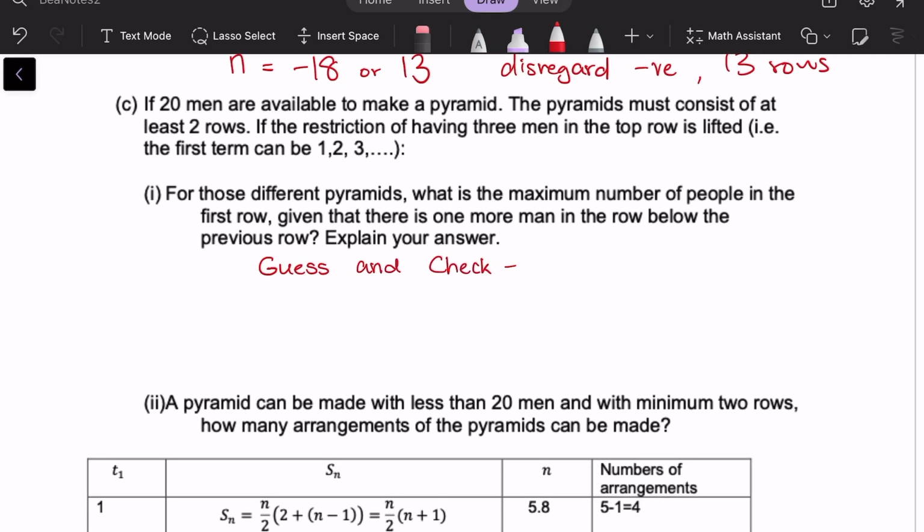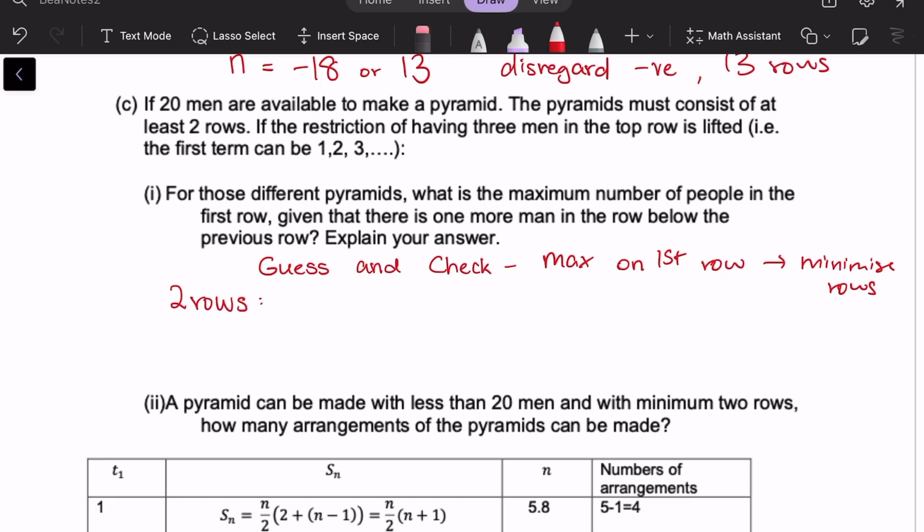Basically, the key to maximizing the people on the first row, because you have to use all 20 men, is to aim to minimize the number of rows that you have. So I just went from 2 rows, I tried 2 rows, it didn't work. 3 rows, 4 rows, 5 rows. You want to maximize the first row to minimize the number of rows. Let's first try 2 rows.